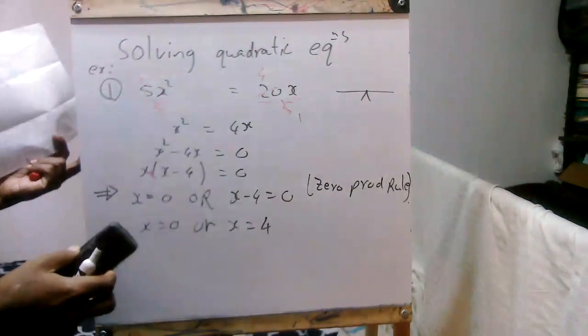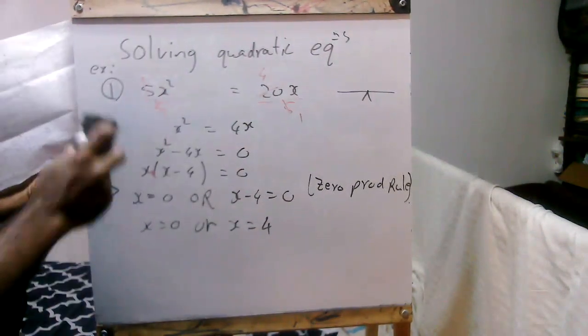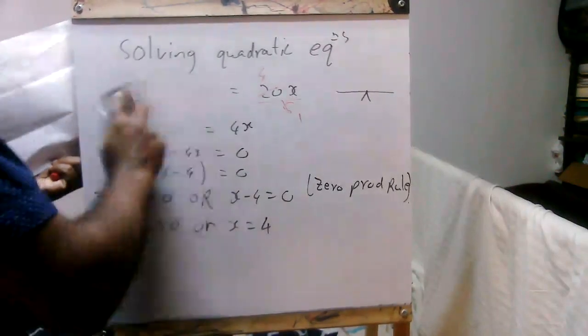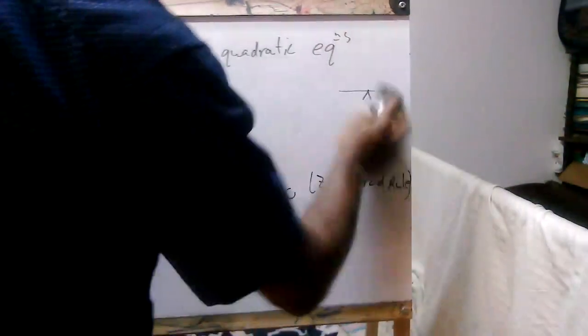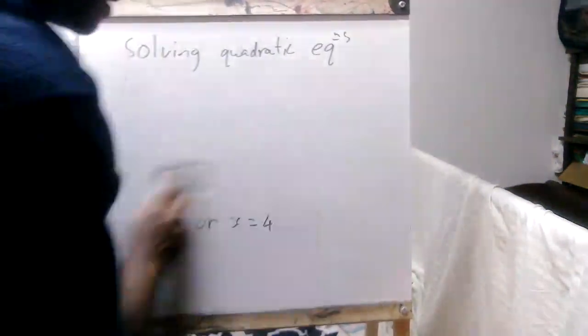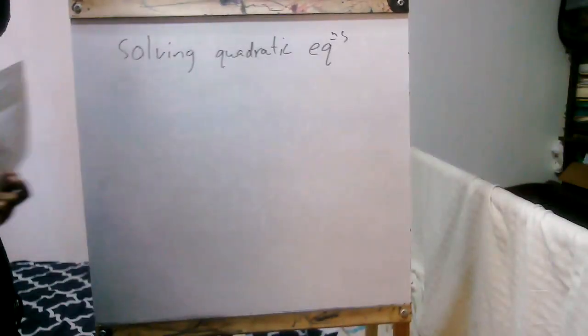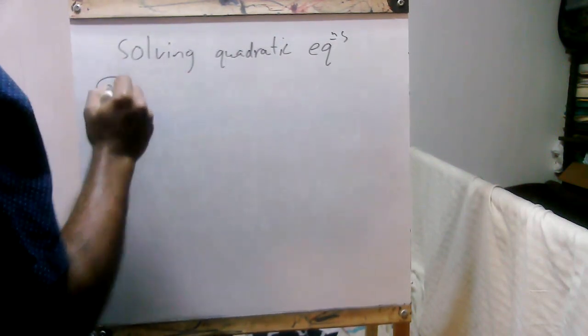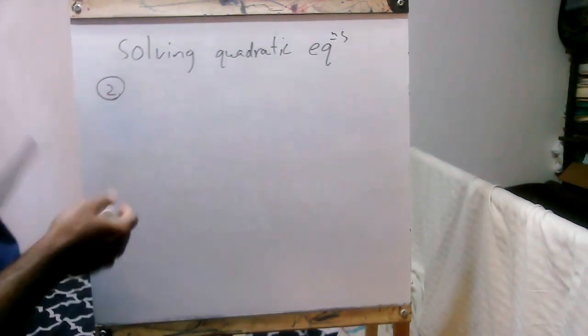That was the first example under quadratic equations. I'm going to erase this. I'm discussing different types.